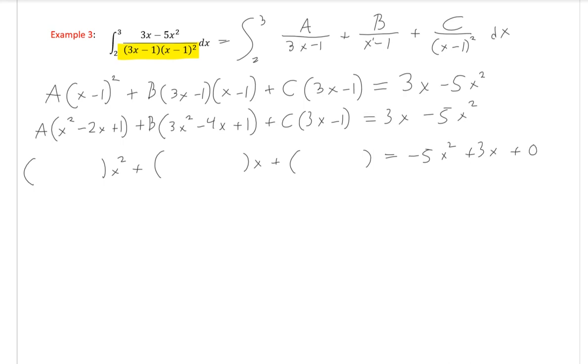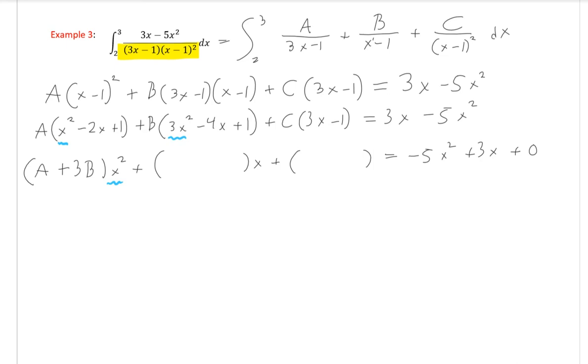Looking at what I have above, for x squared, I see an x squared here is going to multiply by an A, and a 3x squared is going to multiply by a B. So that means what I have is a single A, and I have 3B to give me x squared.